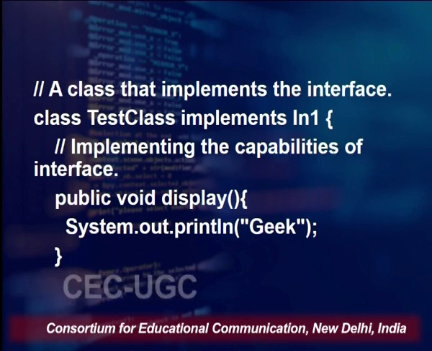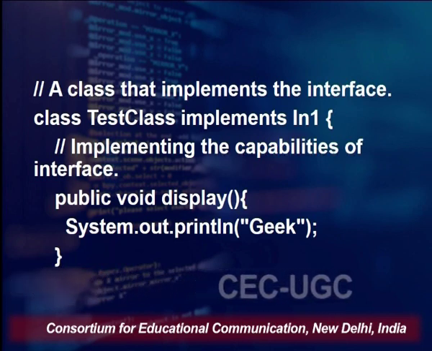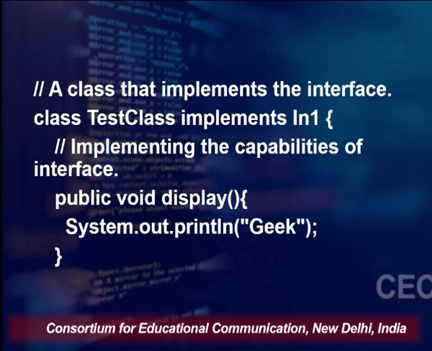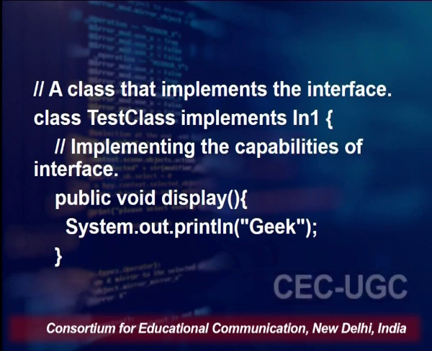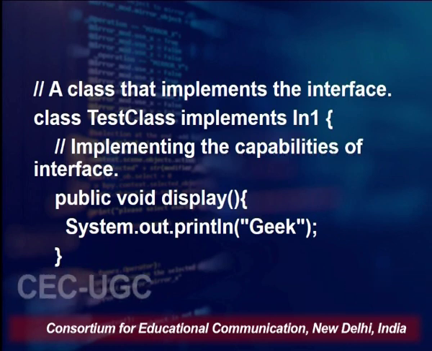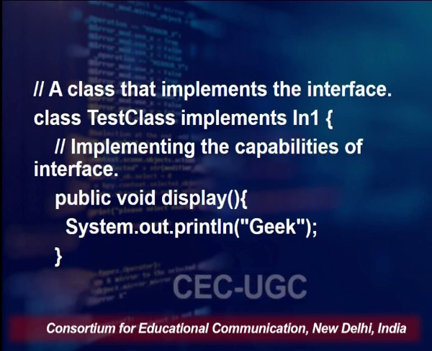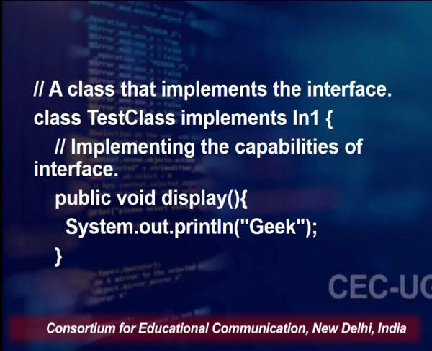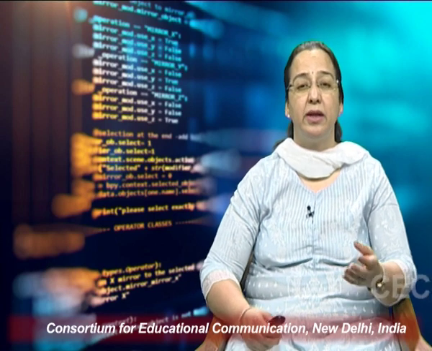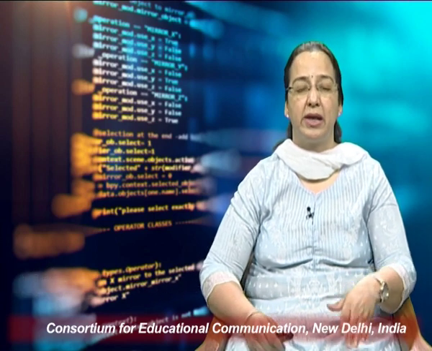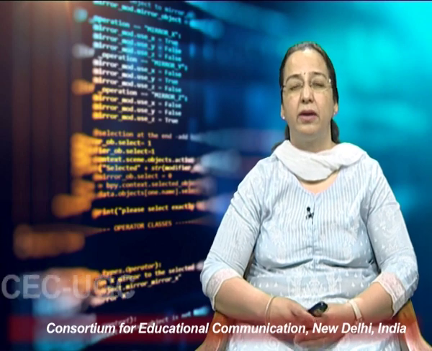So, if a class is implementing an interface, the class starting will be written as class name implements interface name, and the methods which are available inside that interface obviously have no body. The body is to be provided by this particular class which has implemented in1, that interface.